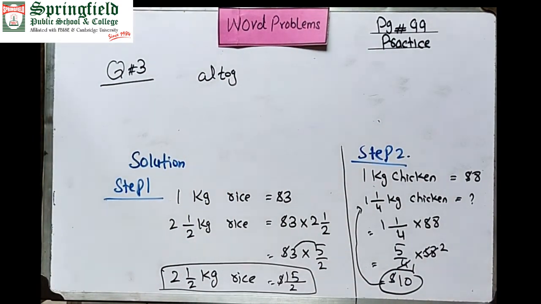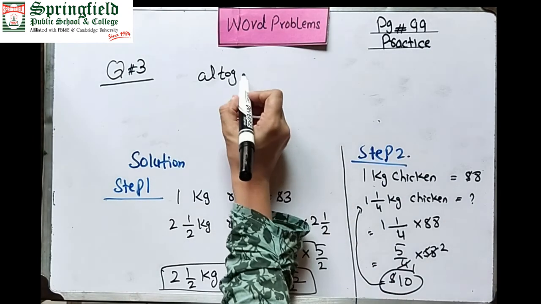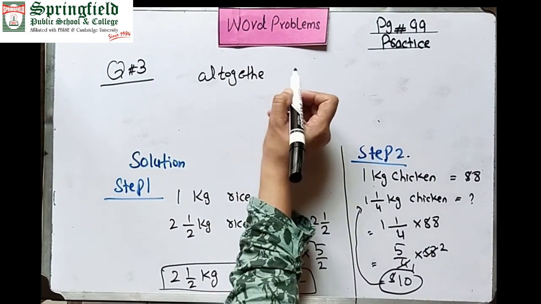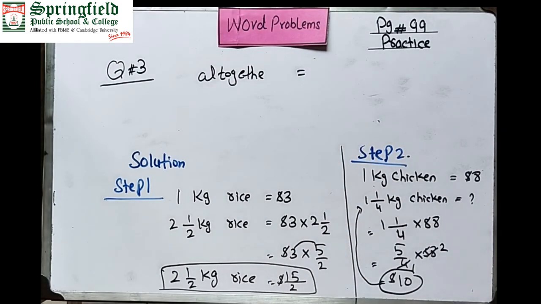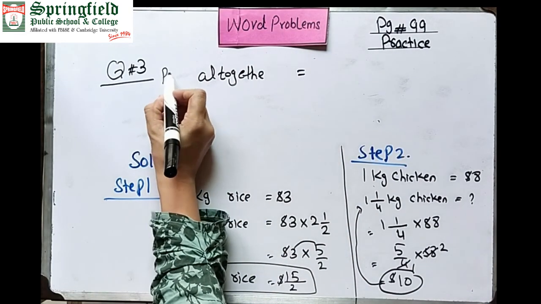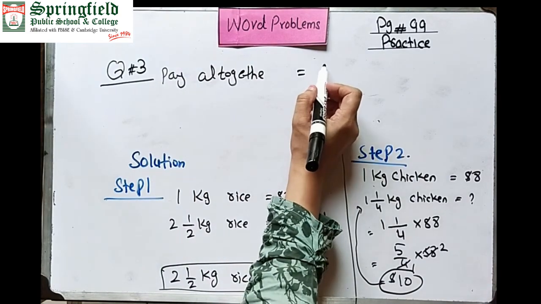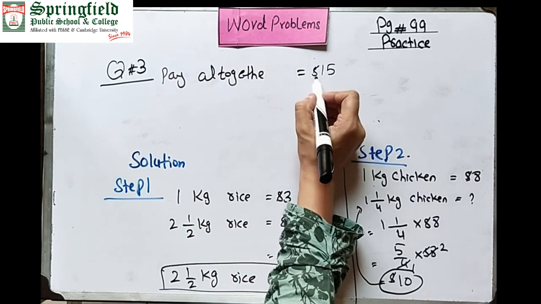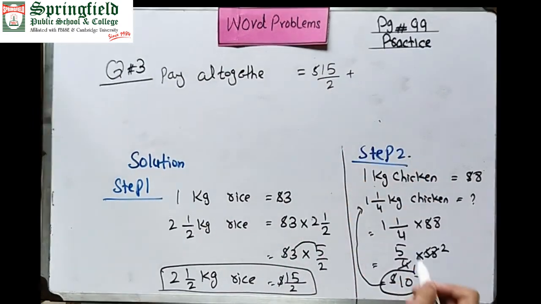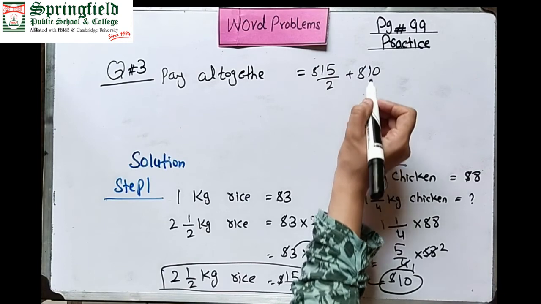Okay, the altogether amount, you can say Mrs. Lee pays altogether, is equal to the price of rice plus the price of chicken.